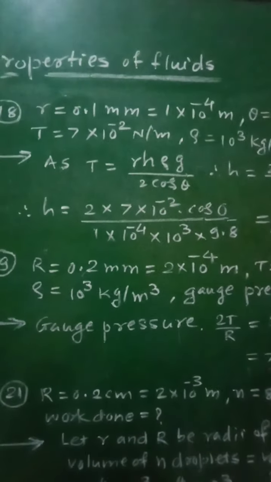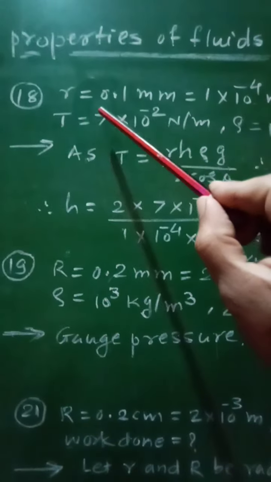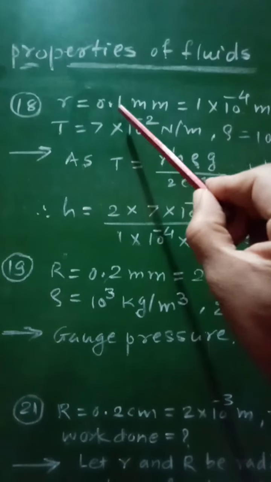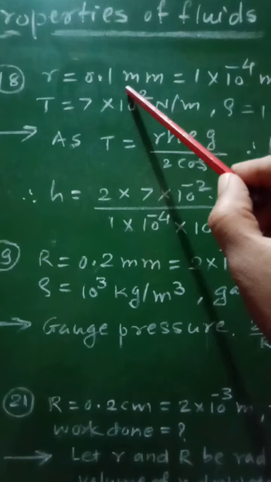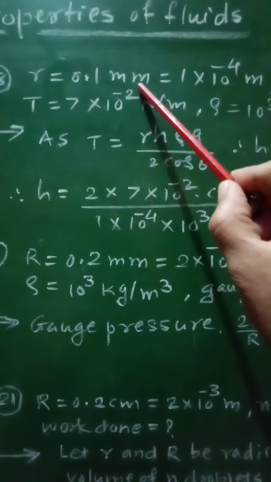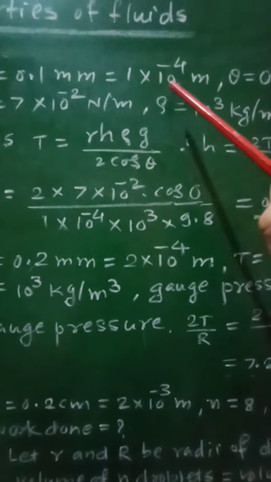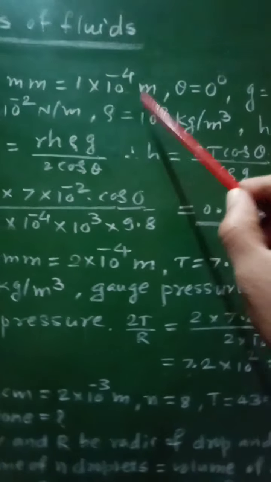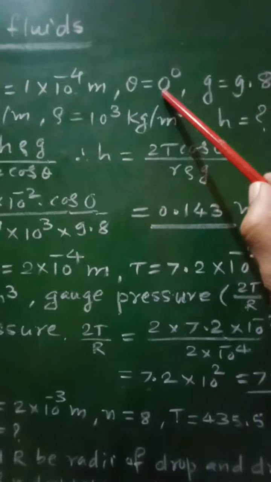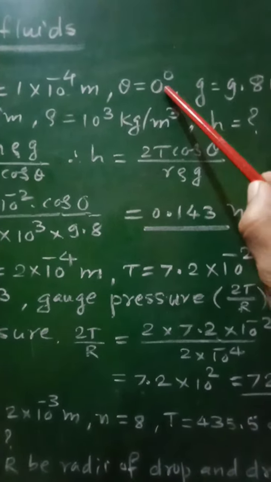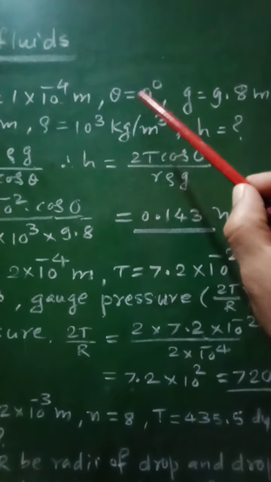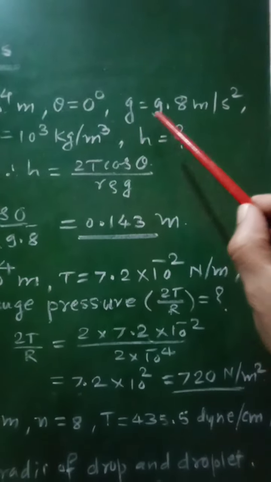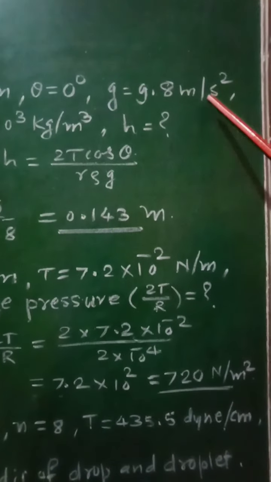And therefore from this numerical, given data is radius r is equal to 0.1 mm, that is 0.1 into 10 raised to minus 3 meter or 1 into 10 raised to minus 4 meter. Then angle of contact theta is equal to 0, therefore cos 0 will be equal to 1, that is value of cos theta will be equal to 1. Then g equal to 9.8 meter per second square.